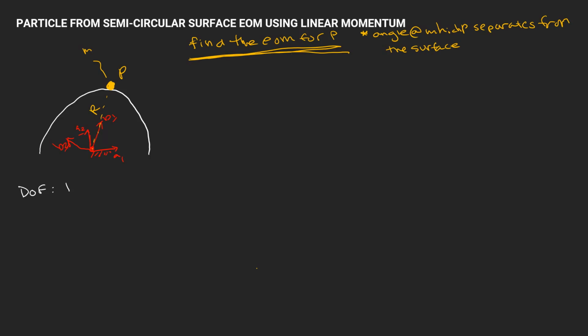And just for my own sanity, I write down what is the coordinate that we're using for that degree of freedom, which in this case is going to be theta. It's this angle here that's going to be varying with time. So I write down, we've got 1 degree of freedom, and our coordinate is theta.